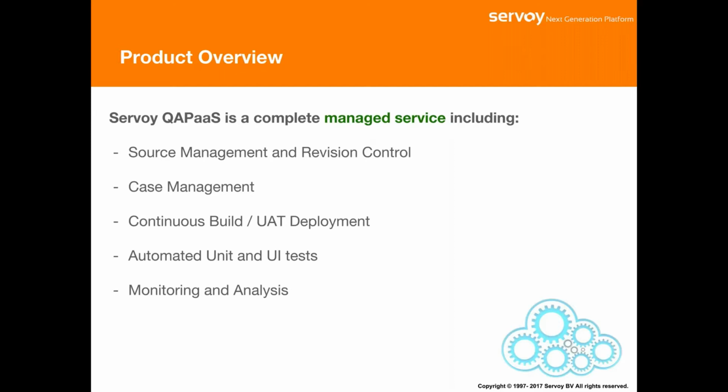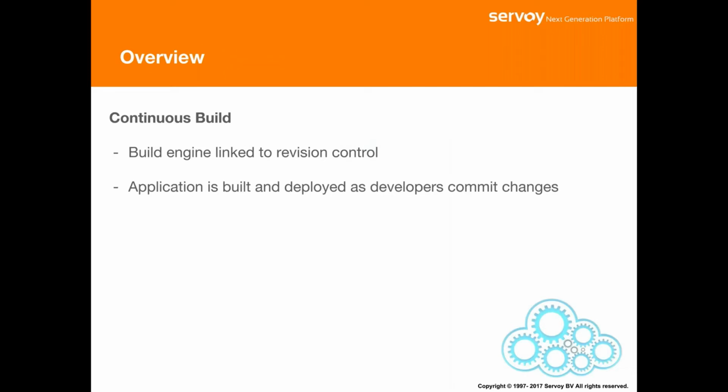Sorry, that means user acceptance testing. Of course, when the build happens, tests can be run, and that can include unit tests, which I didn't show here. Something that's been in the product for a really long time is the ability to write unit tests. So those can be easily automated, and also the UI tests that I showed you that I'm doing manually and locally. The reality is those get run in the cloud on a trigger after every commit. The output of this allows you to monitor the quality of the application and to analyze how your application is changing.